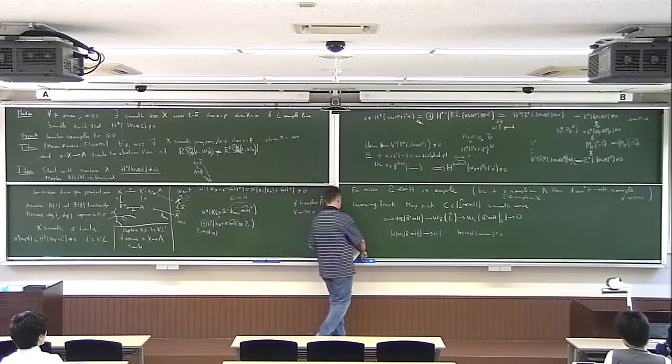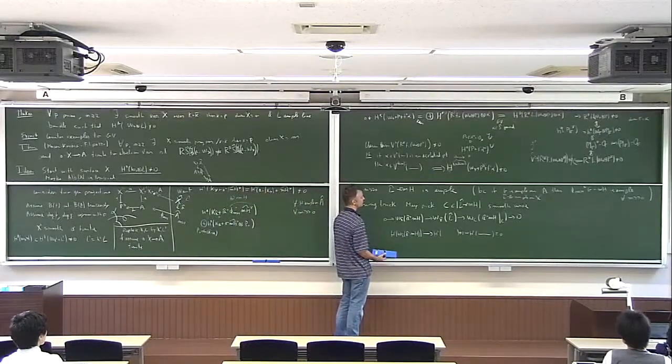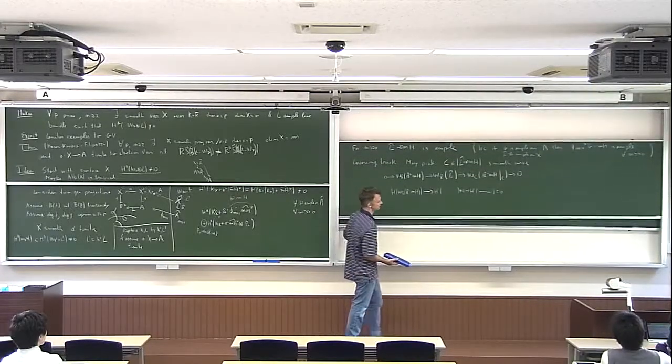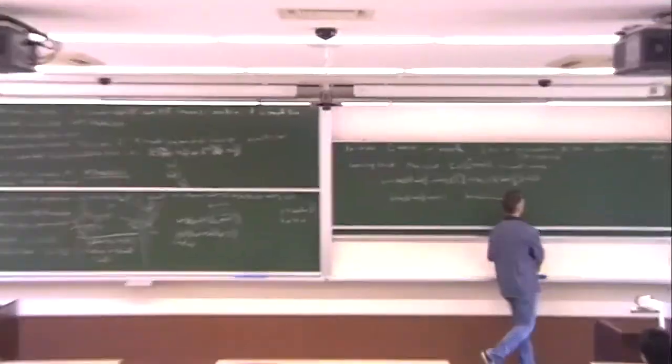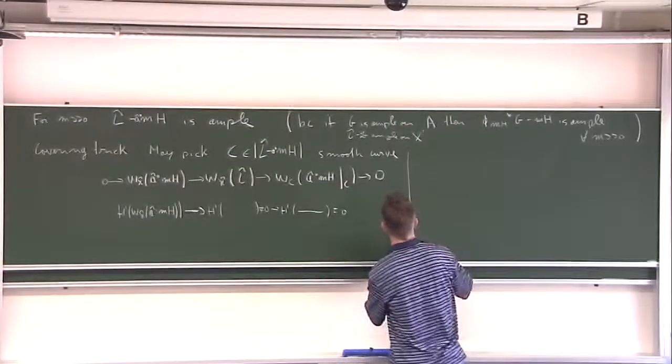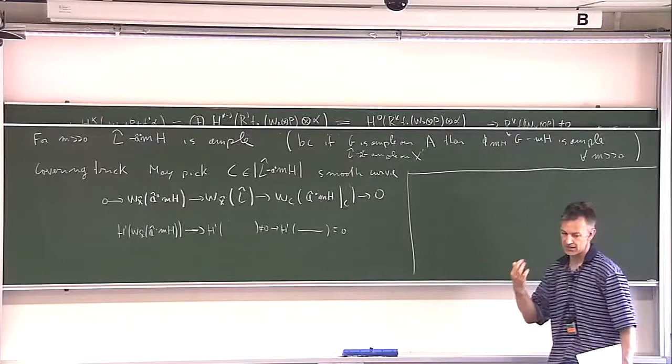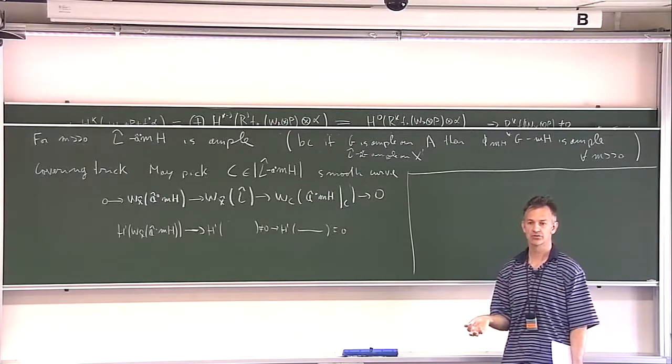So you might say, just throw your hands in the air. The situation is hopeless. There is no chance. But of course, most of you know that there are some situations when at least Kodaira vanishing holds.